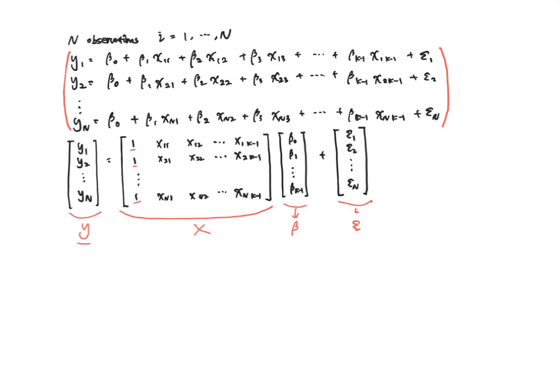So y is an n by 1 vector, X is an n by k matrix, beta is a k by 1 vector, and epsilon is an n by 1 vector. Keep that in mind.